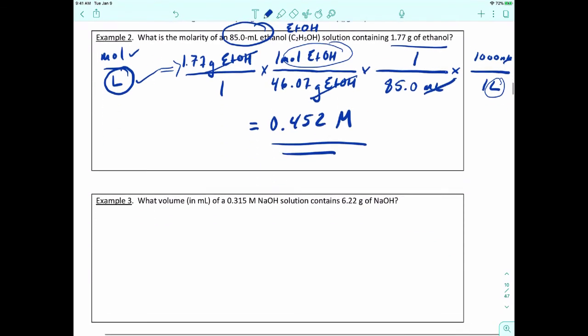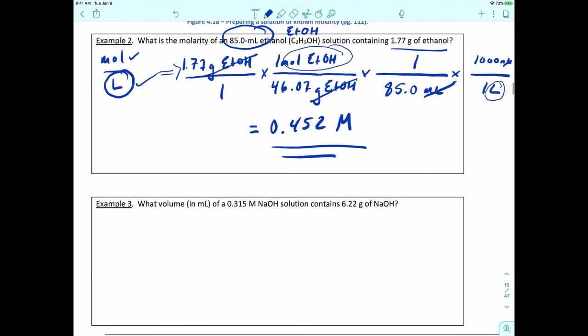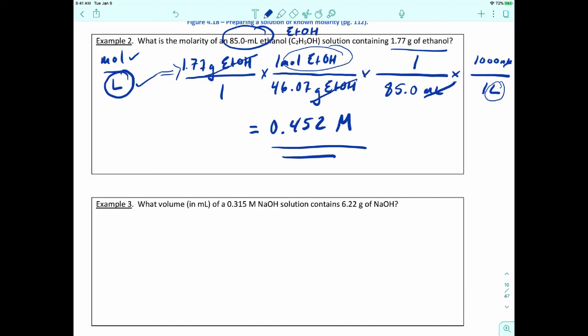Let's try another one. So instead of calculating the molarity, what if we had to work with molarity and find out some more information? So here's our problem. What volume in milliliters of a 0.315 molar sodium hydroxide solution contains 6.22 grams of NaOH?